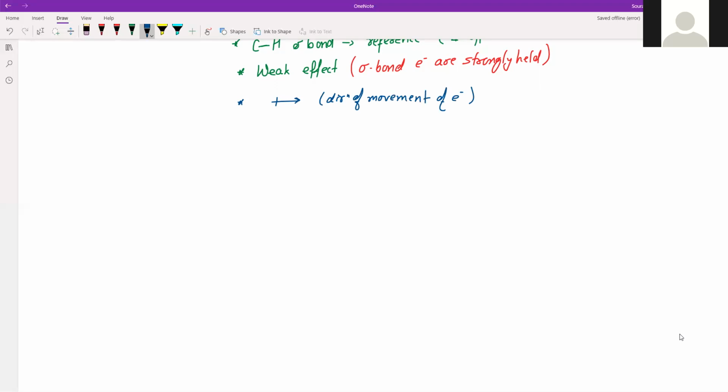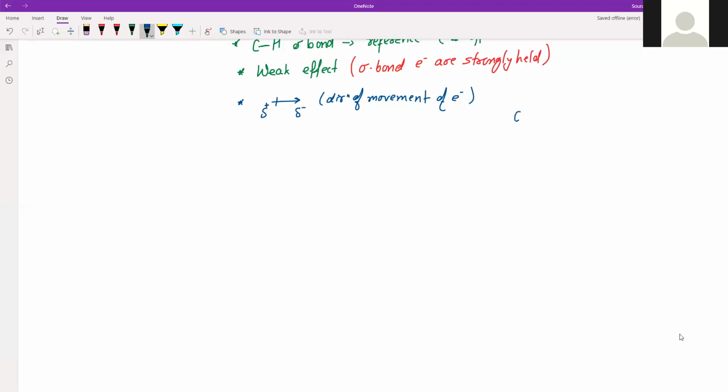The tail, if you see here, looks like a positive sign. So the tail of the arrow, which looks like a plus sign, is electron deficient. That means something with a slightly positive charge, and this will be the negative end.